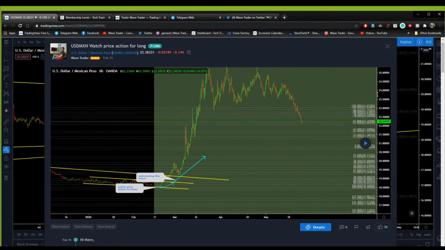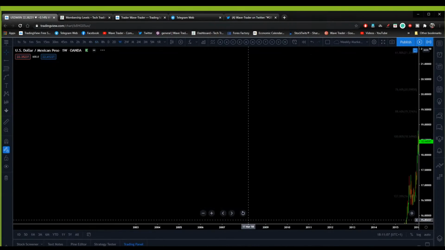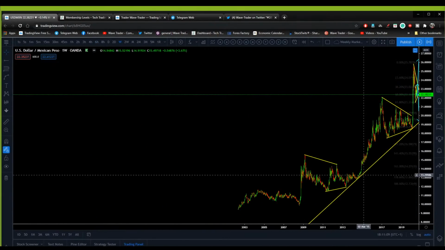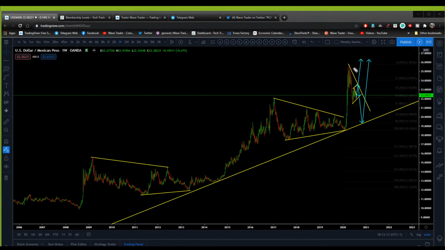After that, what I was saying is we are going to have a bigger correction on this chart, if you remember, when we saw the strength. Now we are within that bigger correction. It very much seems like that. And once that correction completes, there's going to be another blow to this chart.